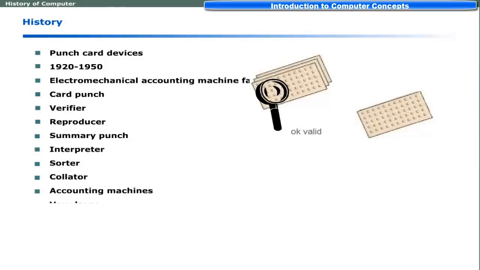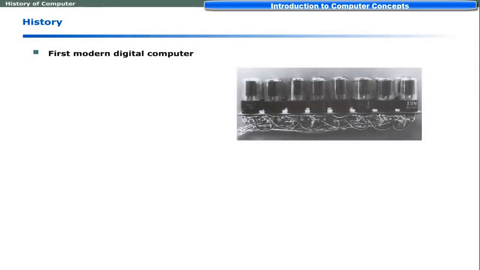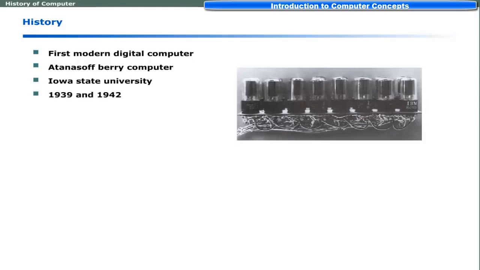These machines were very large, heavy, and required physical labor to operate. The first modern digital computer, the Atanasoff-Berry computer, was built on the Iowa State University campus between 1939 and 1942.